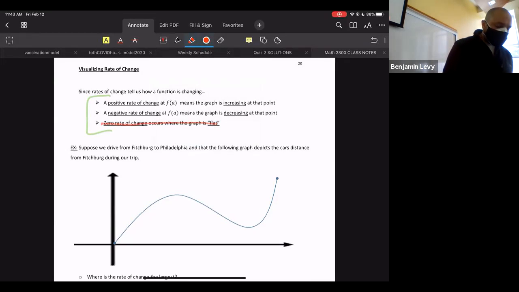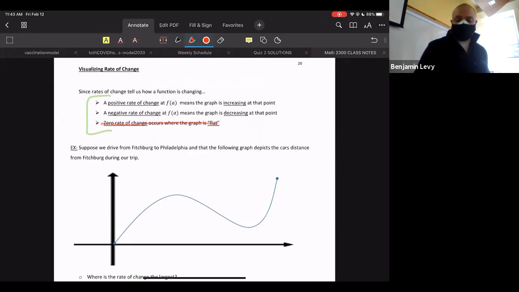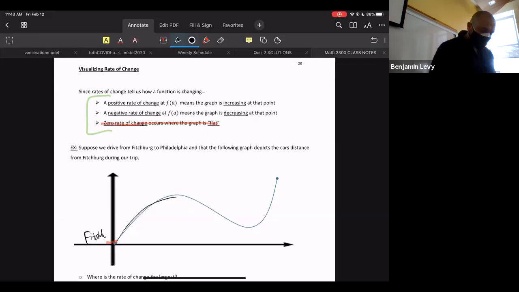So I like to talk about this in the context of a trip to Philadelphia. So let's say that the graph down here represents our trip to Philadelphia. We've got Fitchburg down here at the bottom, and then we drive along the way, and then the end point here is Philadelphia.